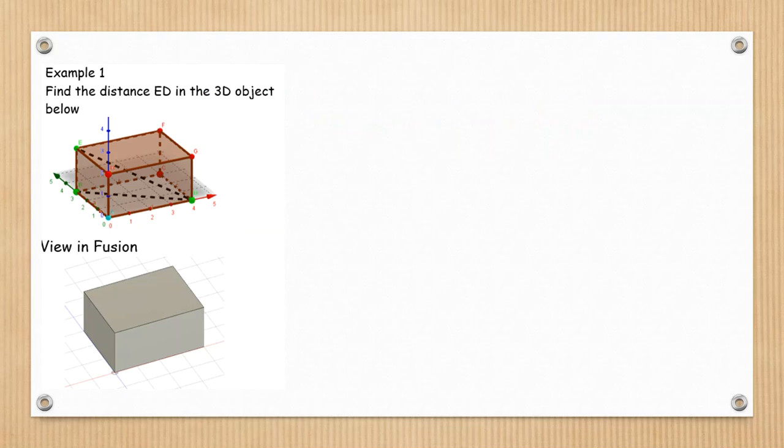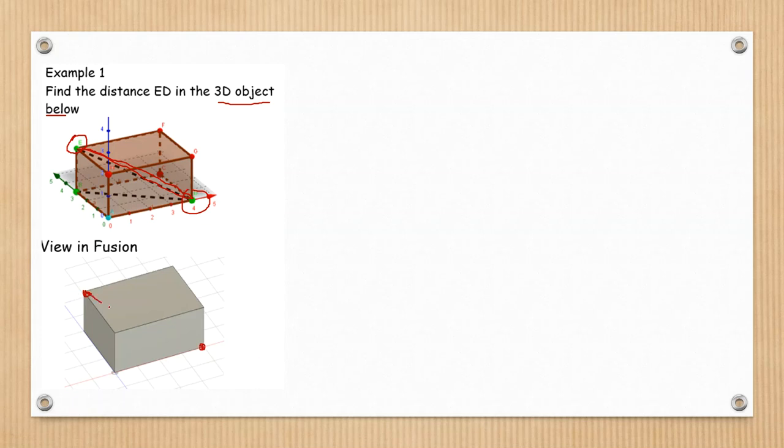First of all, we have questions like this one. Find the distance ED. So E is here and D is here in the 3D diagram. So we need to find the distance across here, from this point down to this point.